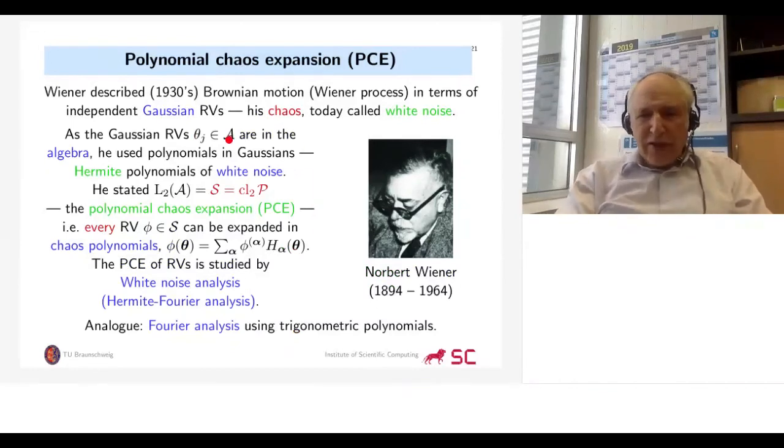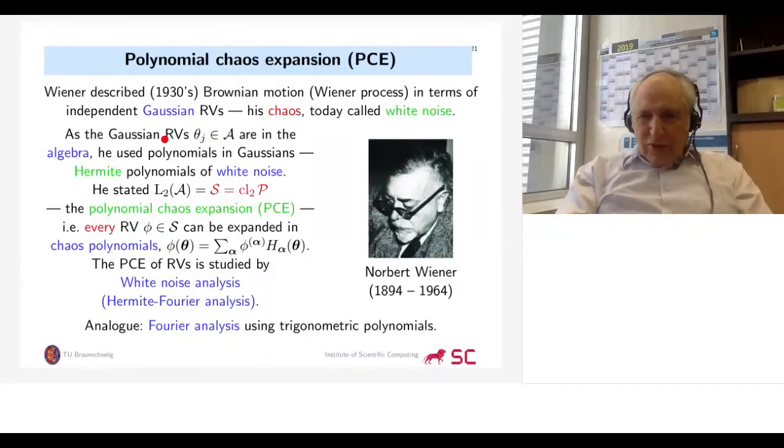He wanted to expand Brownian motion, or what's called today the Wiener process, in independent Gaussian random variables. And because these are random variables, he called this the chaos. Today, this is called white noise. Chaos typically means something different today, but we still call this polynomial chaos because it's historically been called this way.